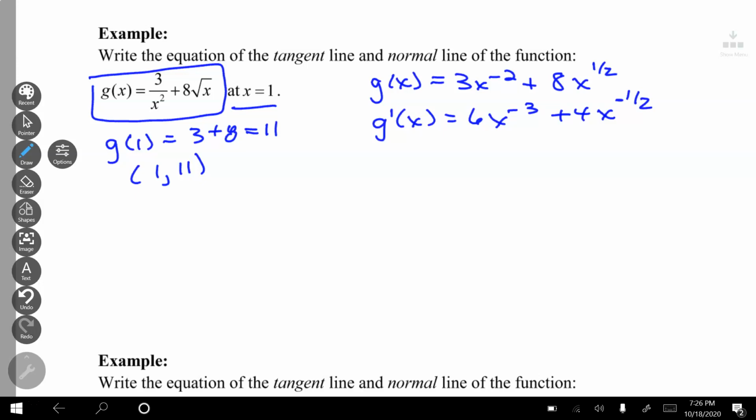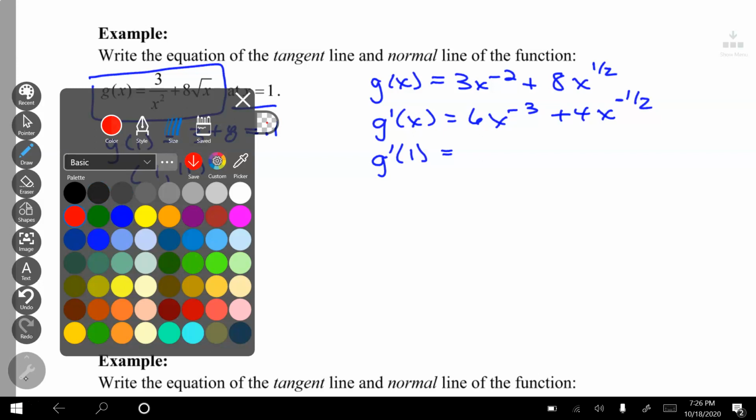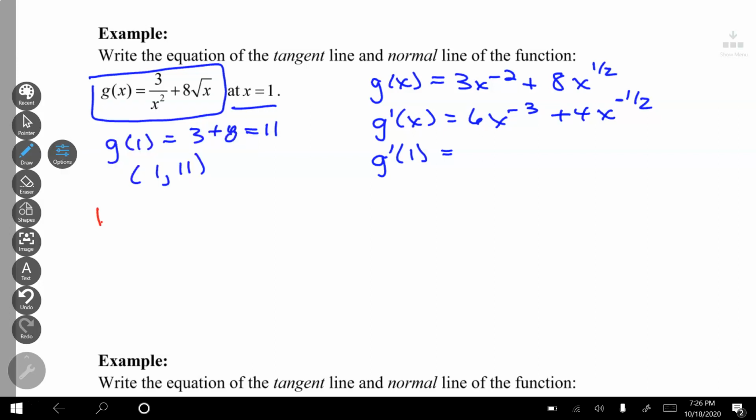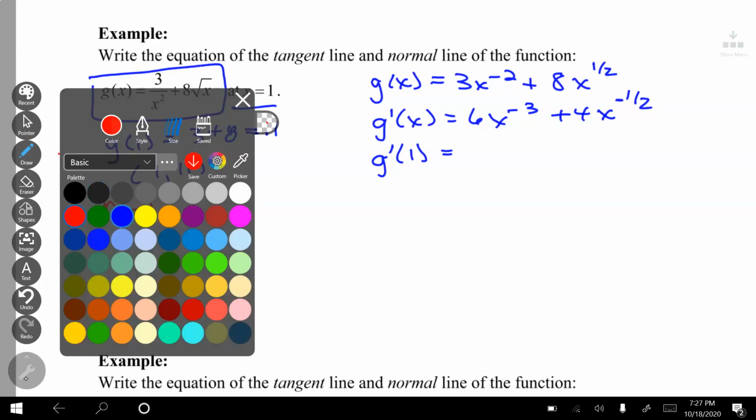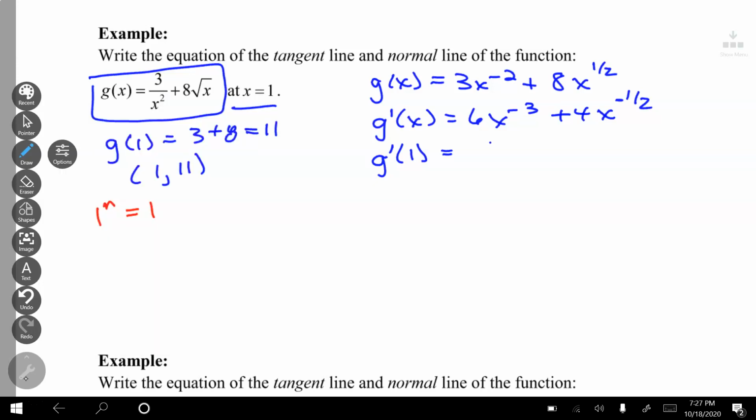And notice I picked a really easy number to plug in for x. So g prime of 1: one to any power, doesn't matter, is always going to be 1. So when I plug 1 in here, I get 6 plus 4, I get 10.